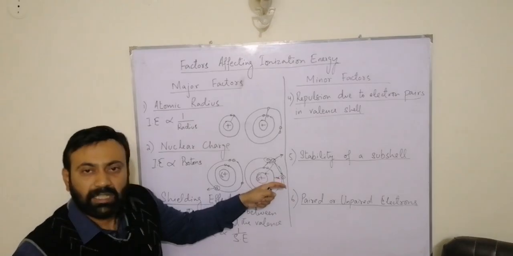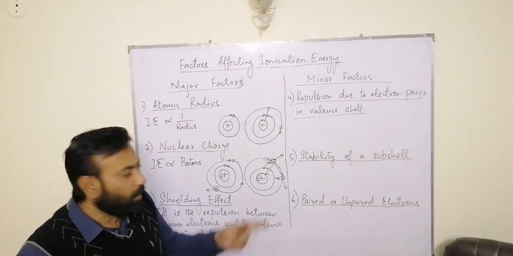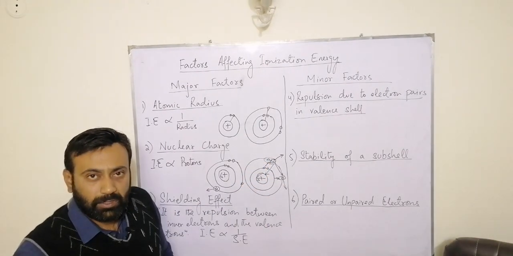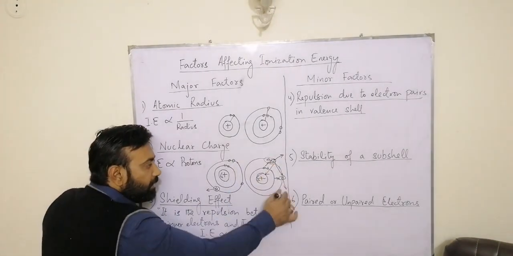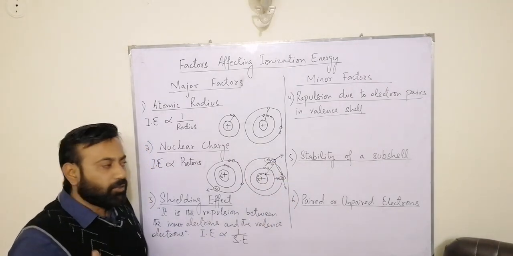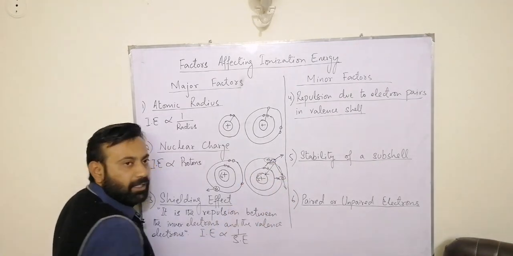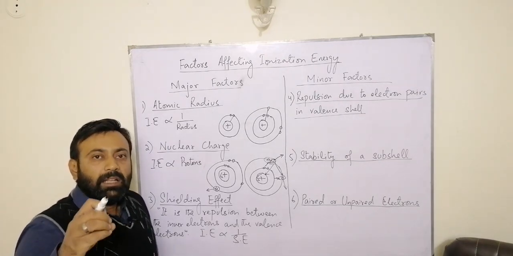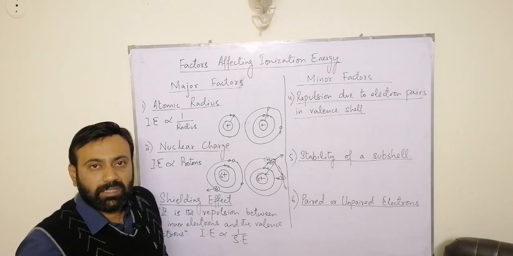It is pushing it in an angular way because there is a repulsion between this electron pair and this electron to be removed too. So that force of repulsion is not as strong as this shielding effect, but still this is a force. This is a minor force which will lower the amount of ionization energy.